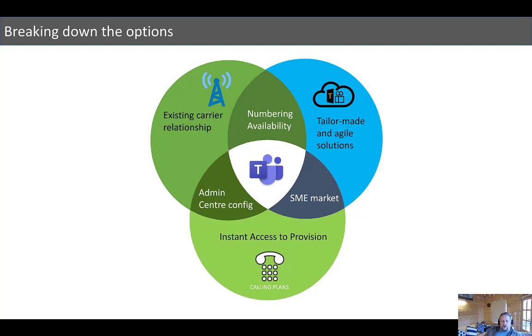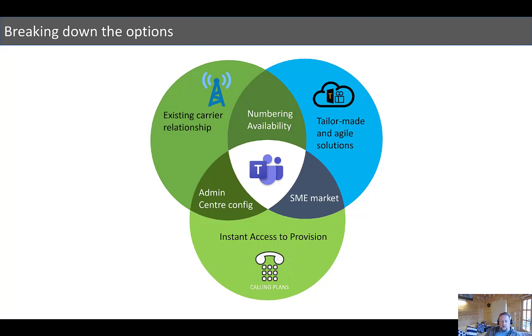So the first, if we look at Operator Connect, Operator Connect is looking to deliver an experience where you have a relationship with an existing carrier. So where you already have, let's say, commercial agreements or existing infrastructure that's maybe currently on ISDN, digital or analog delivery, and bringing that over into Microsoft Teams.